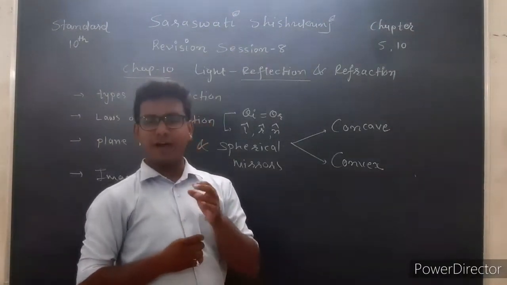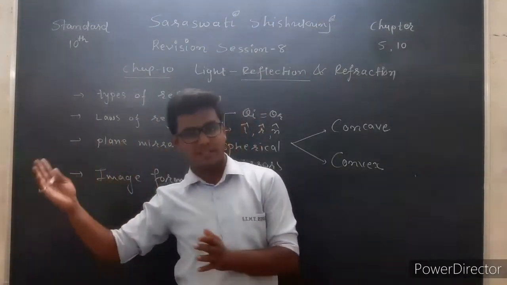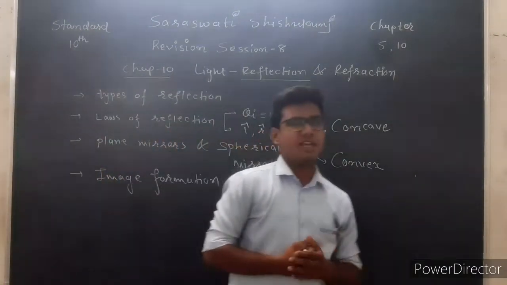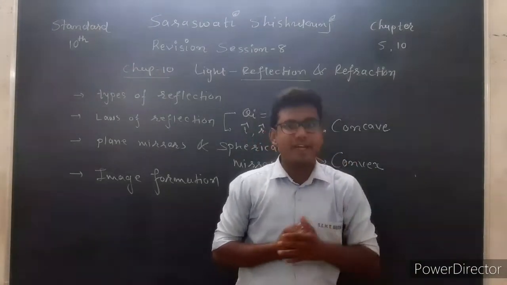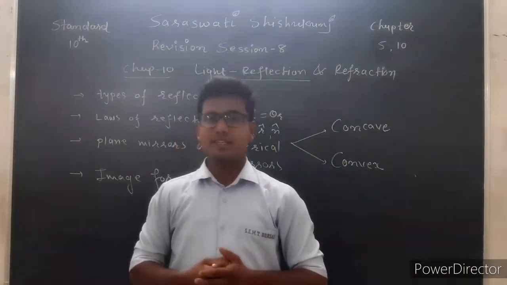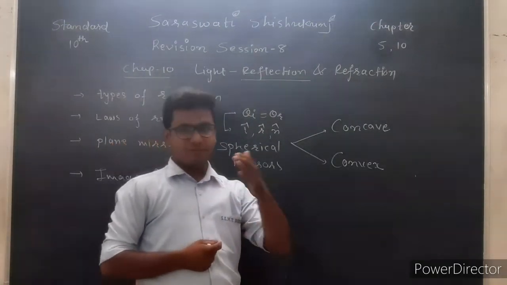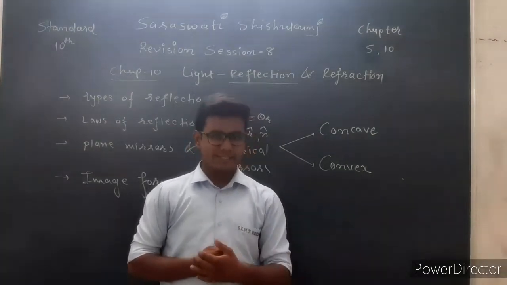In that we have to see where the image is formed when the object is kept where, what is the nature of that image, all those things we have to understand. In concave mirror we get 6 cases, and in convex mirror we get 2 cases, right?